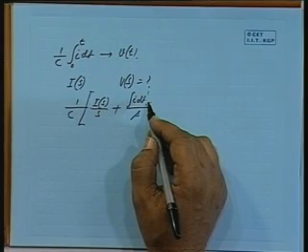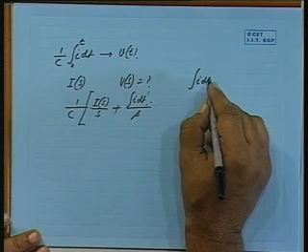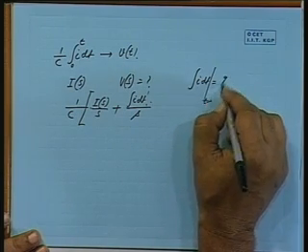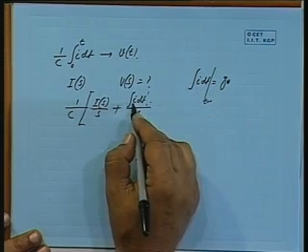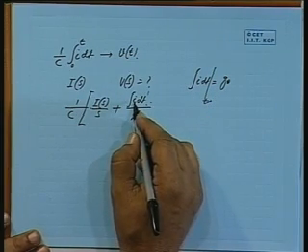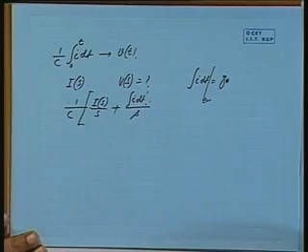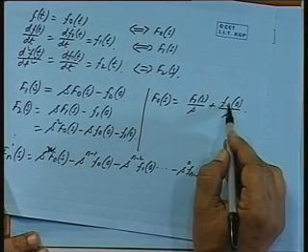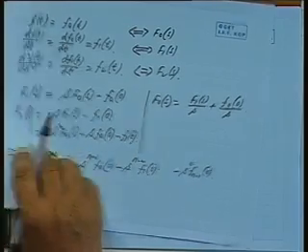So, that gives me integral of i dt, which is charge q, is it not? So, this is to be evaluated at t equal to 0, meaning the initial charge q naught. Mind you, it is not the initial value of i, it is the initial value of the integration of i.